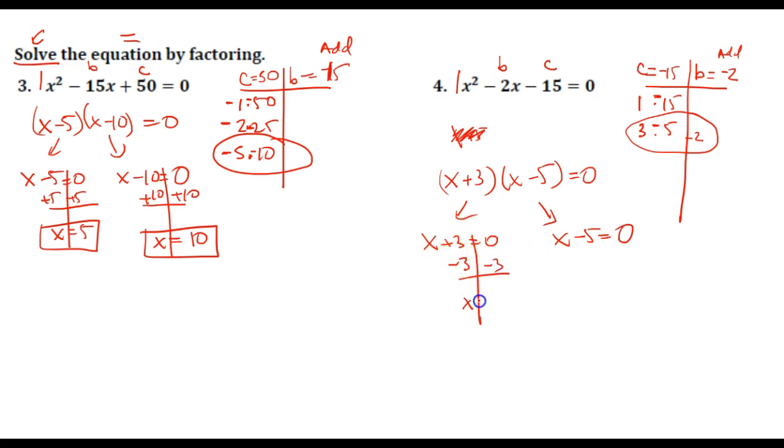Negative 3, right? So that would be 0 take away 3, which is negative 3, right? And then last but not least, opposite of a negative 5 is a positive 5. That cancels out, and I have x equals what? 0 plus 5.